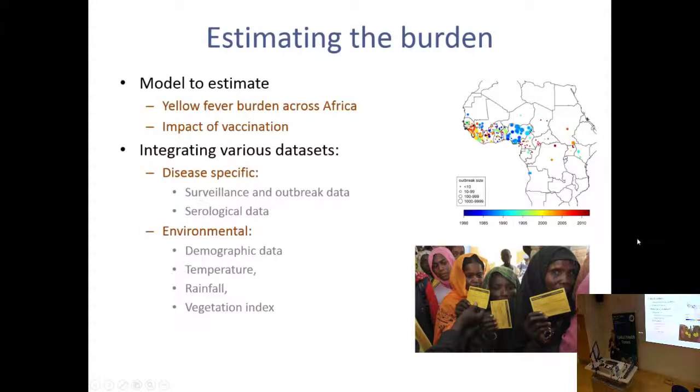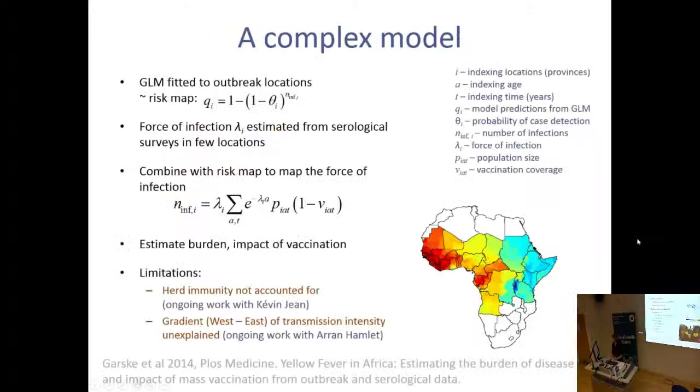Obviously we need disease-specific data, surveillance and outbreak data as shown on that map up there. We're also using serological data. And on the environmental side, we're using demographic data because we're interested in where people live, and temperature, rainfall, and vegetation index. And these obviously are seasonal variables. So it's a complex model that we've developed.